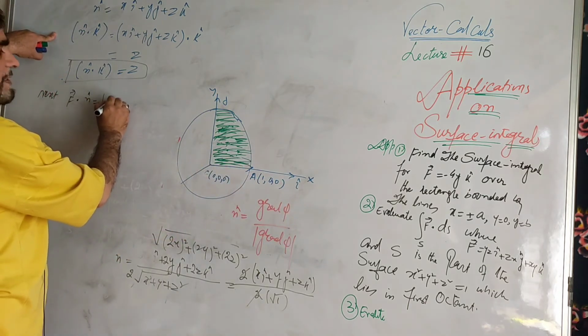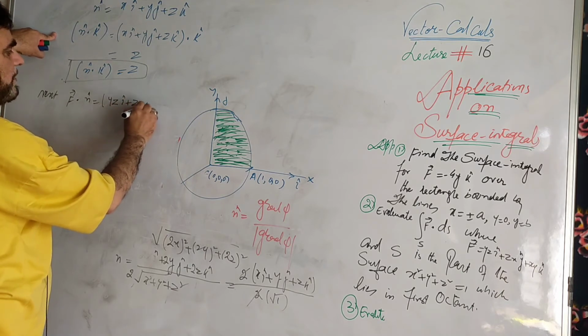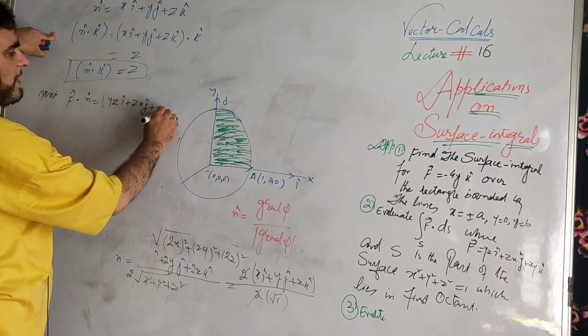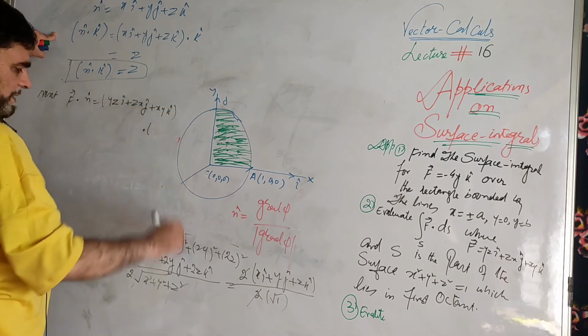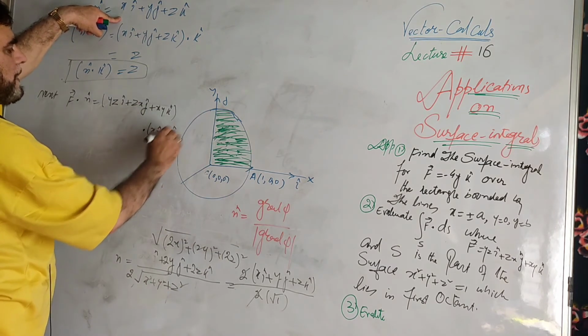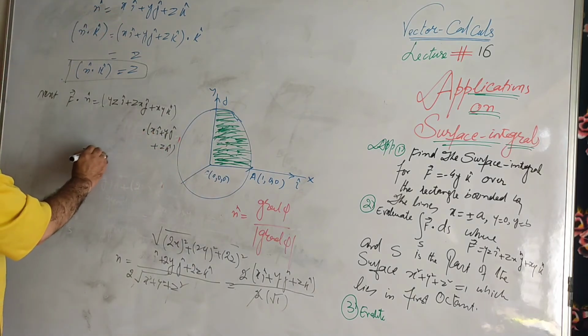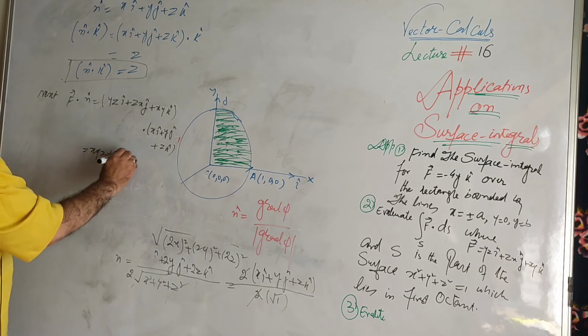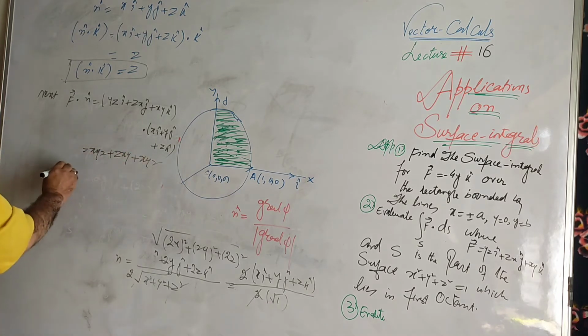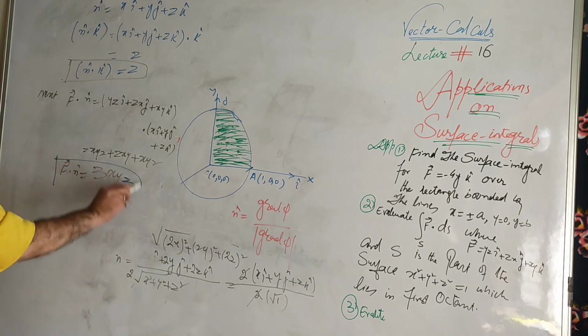It is your yz i plus zx j plus xy k. It is dot with this xi plus yj plus zk. Do you follow? Now take the dot product. This is your xyz plus zxy plus xyz. So your f dot n is 3 times xyz. What is f dot n? This is 3 times xyz.